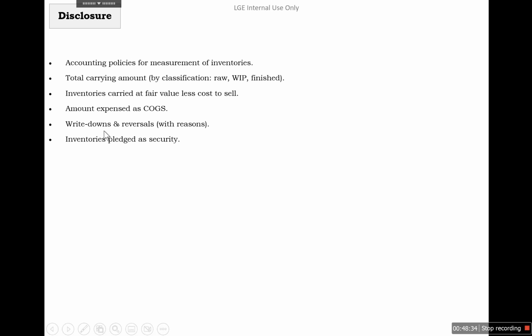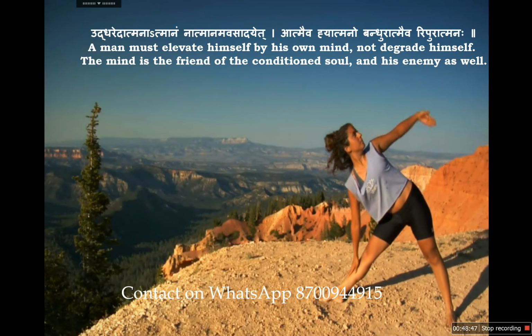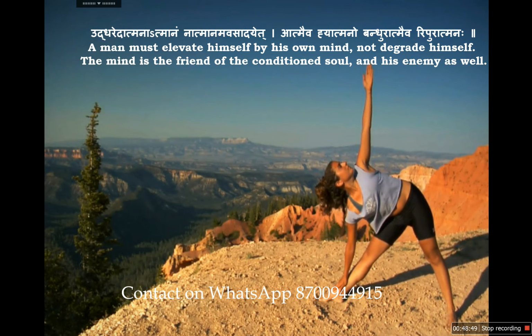If we have booked devaluation loss or done a reversal of devaluation loss, we need to provide the reasons, and inventory that we have pledged as security we need to disclose in our financial statements. So this is all about Ind AS 2.